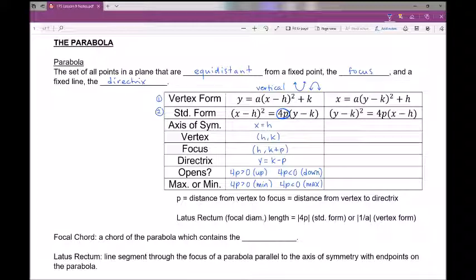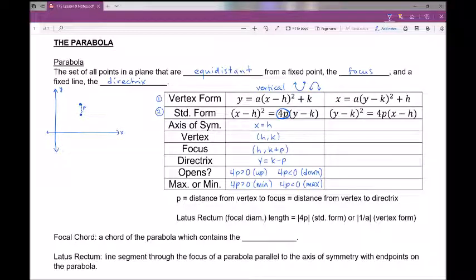Let's look at a picture to see how all of this relates together. We'll draw our little coordinate grid. This is our y-axis, this is our x-axis. Let's say we put the vertex at some point in space, right there. The focus is going to be some distance p from the vertex, so maybe our focus is right there.